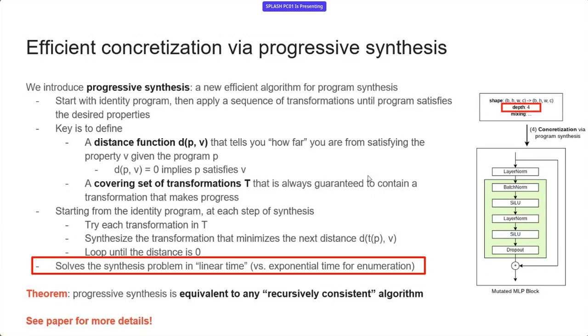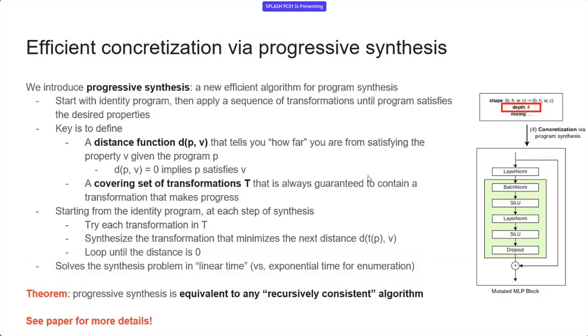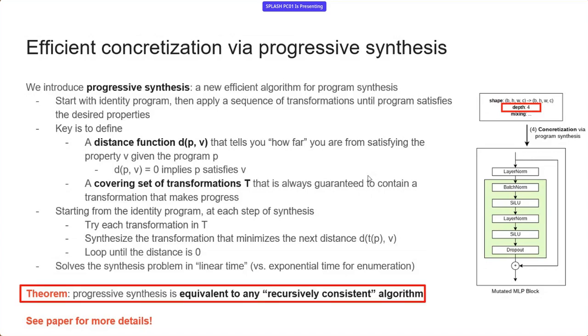And so I think the obvious question remaining here is, what if there's some great property that you care about and you can't find this distance function, or the covering set is too big or something like that? So we explore one answer to this question in the paper by defining the class of recursively consistent synthesis algorithms, which happen to be exactly as powerful as progressive synthesis.